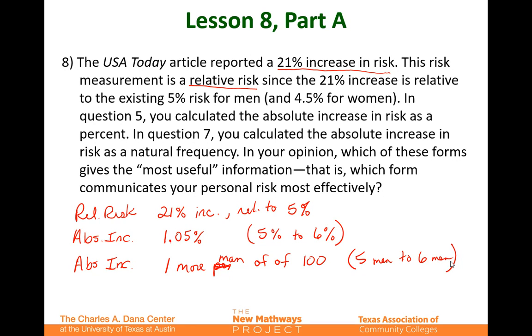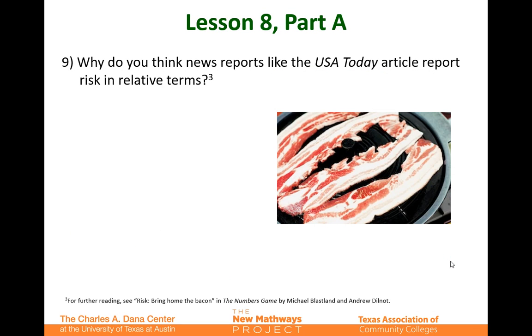But you remember, it's 21% of what? In this case, it was a 21% increase of a 5% chance. Why do you think news reports like the USA Today article report risk in relative terms? Well, the relative risk sounds bigger.